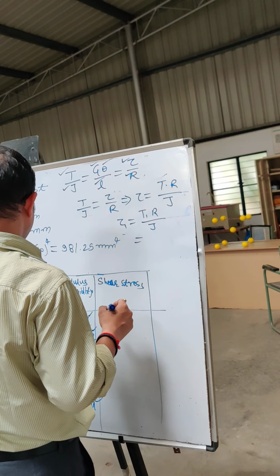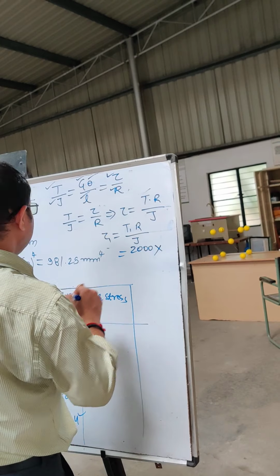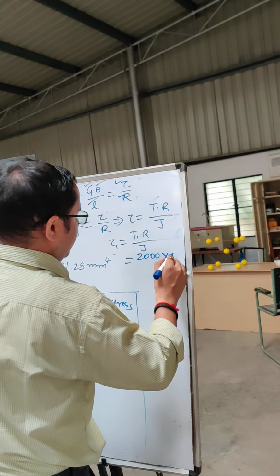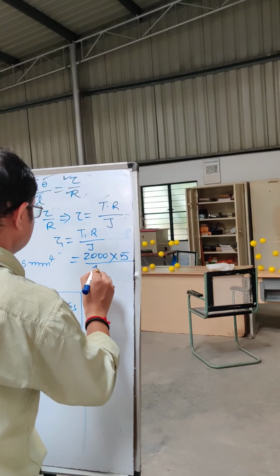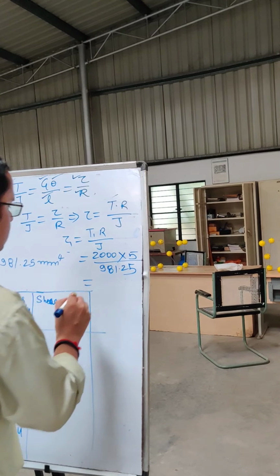T1 is 2,000. R is, this is 10 mm diameter, so radius is 5. J is 981.25.